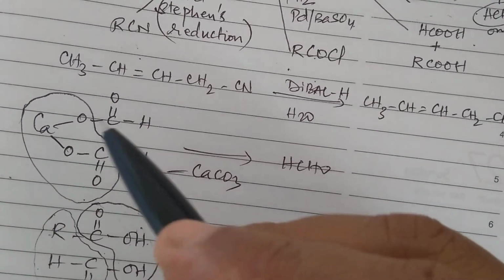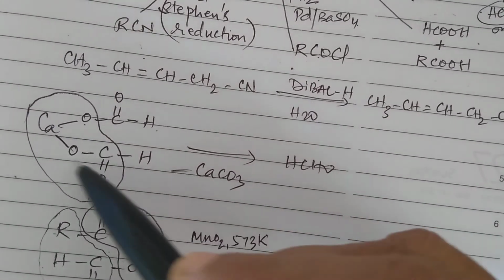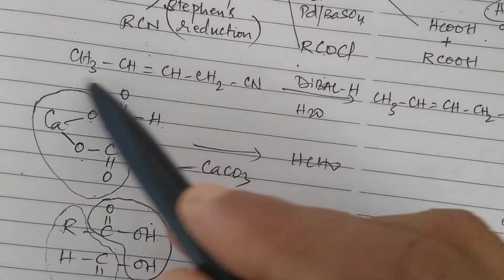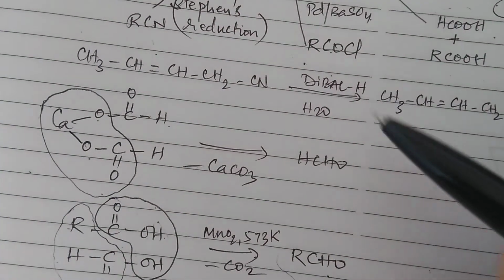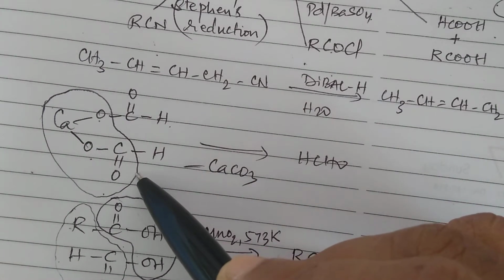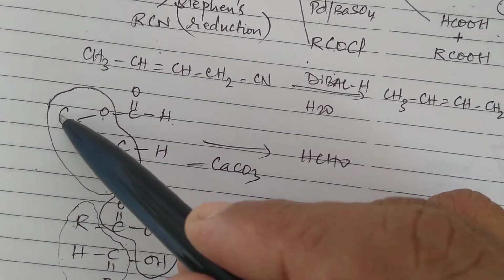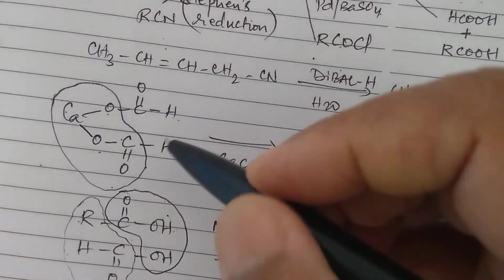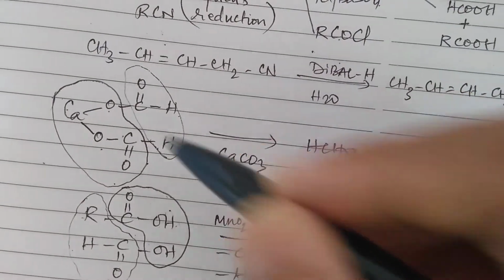This is calcium formate, HCOO, HCOO, calcium is divalent, so you get calcium formate. Now this calcium formate, when it is subjected to distillation, what happens? An insoluble salt separates out. Which is the insoluble salt? CaCO3. Calcium carbonate separates out, and what is left behind is formaldehyde.